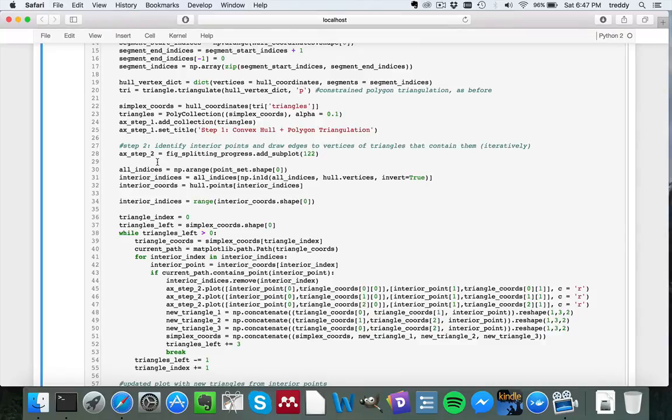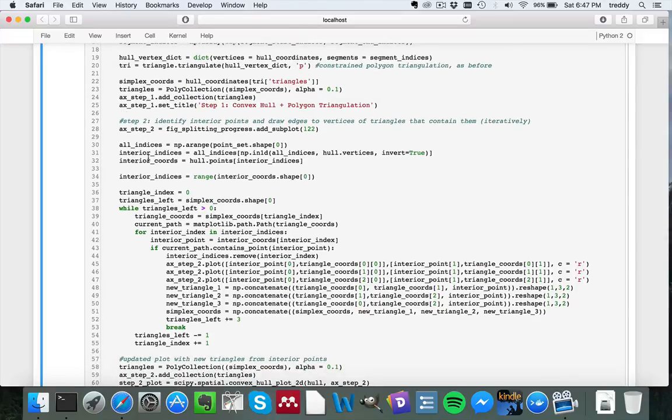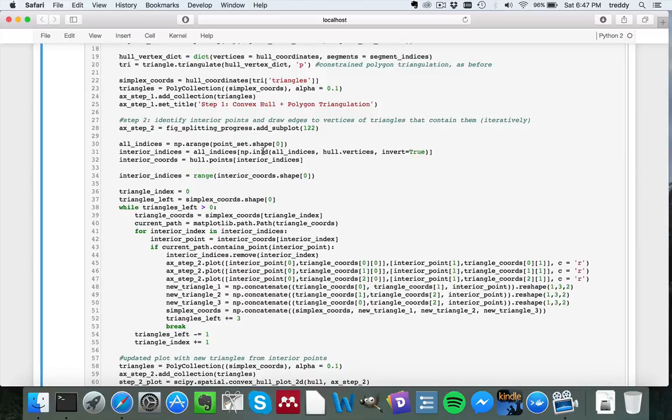And now we basically want to identify the interior points, as it says here, and draw the edges again to the vertices of the triangles that contain them until we run out of points to deal with. The way the interior points are identified is by taking all the indices, from 0 up to the number of points in the initial data set, and indexing that with the vertices that don't match between the full set of indices and the indices for the vertices of the convex hull.